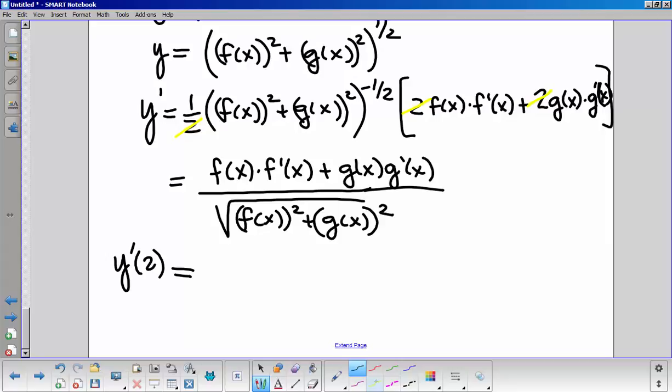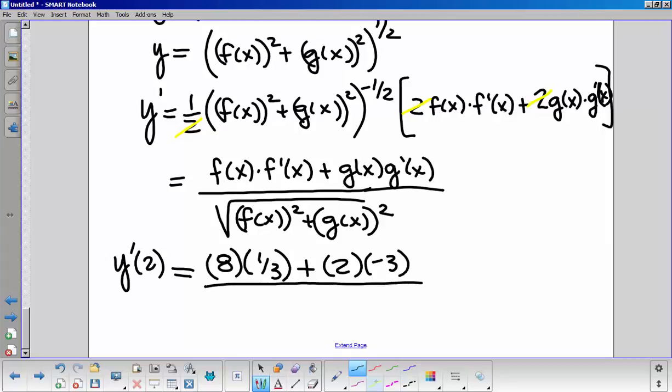May I skip the step where I'm plugging it in? What's f of 2? 8. f prime of 2? 1/3. I knew it. 1/3 plus g of 2, I'm sorry, is 2. g prime of 2, negative 3.